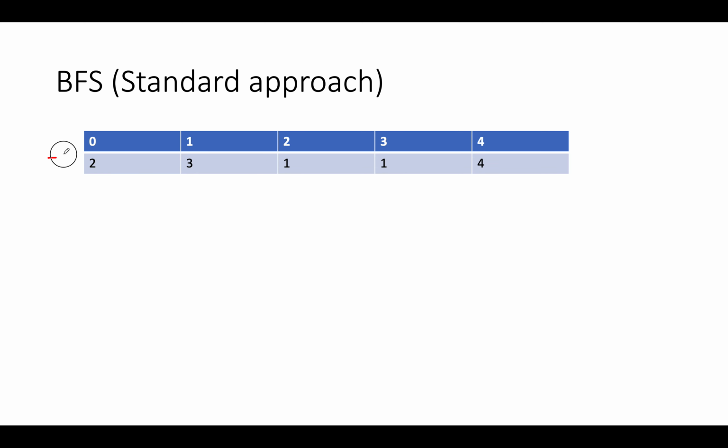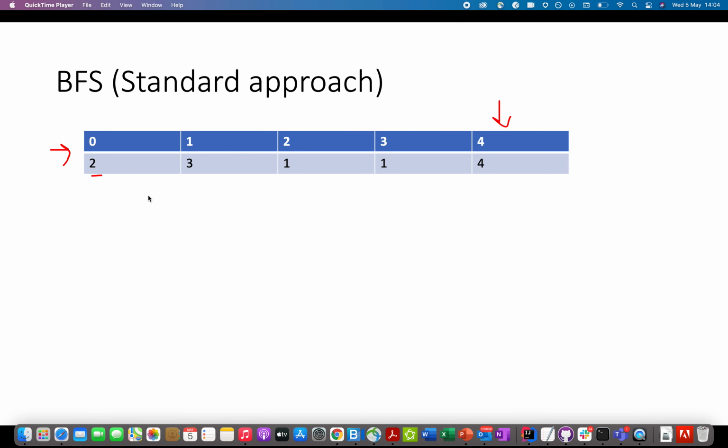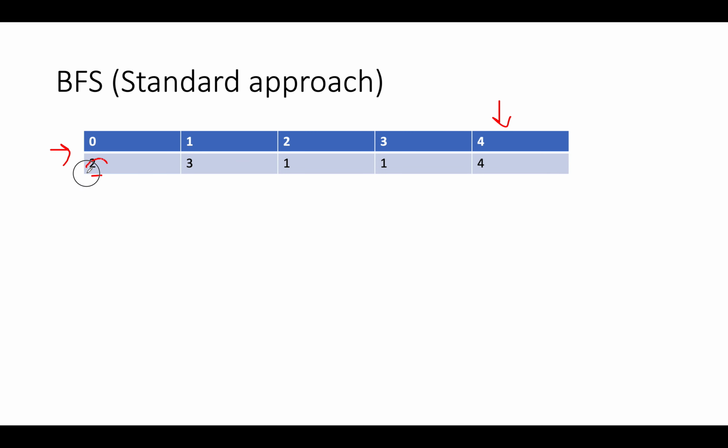So let's get started. The question says we are given an array and we are at the starting index of that input array. We need to reach the end position of the input array, and we need to determine how many hops are required to reach the terminal position. With each jump, you can take as many hops as the number that is given at that particular index.